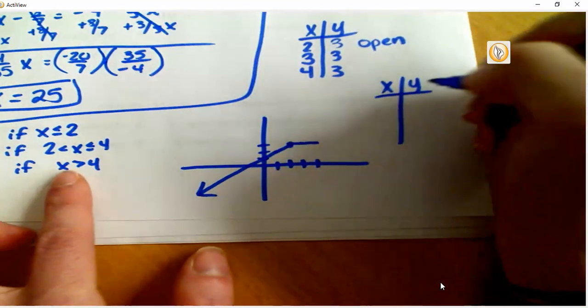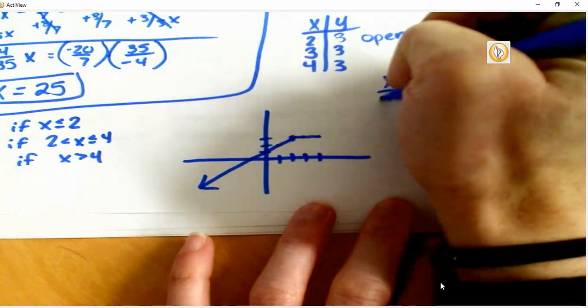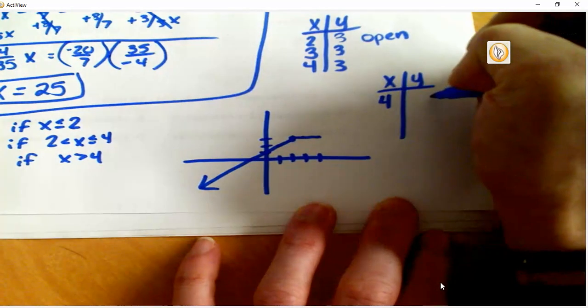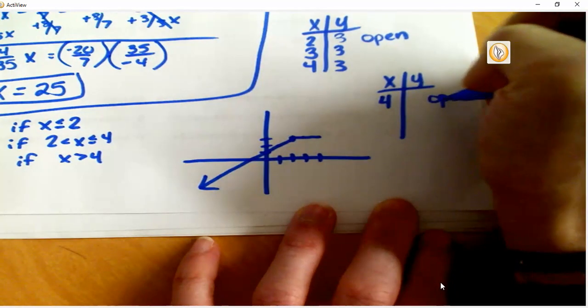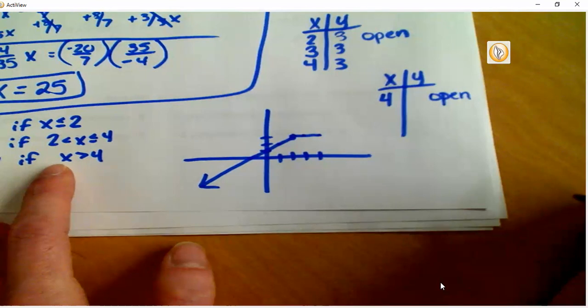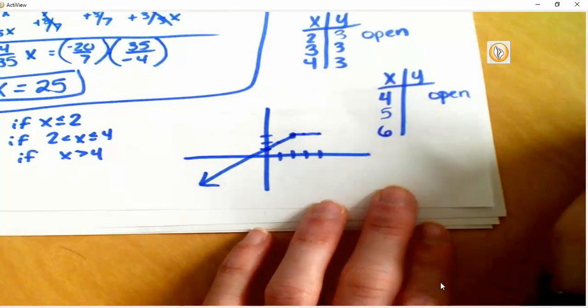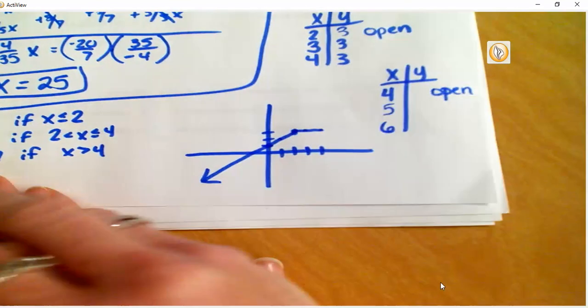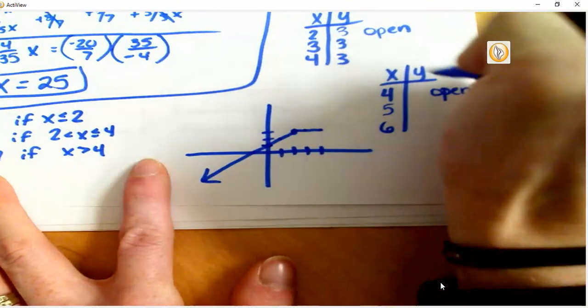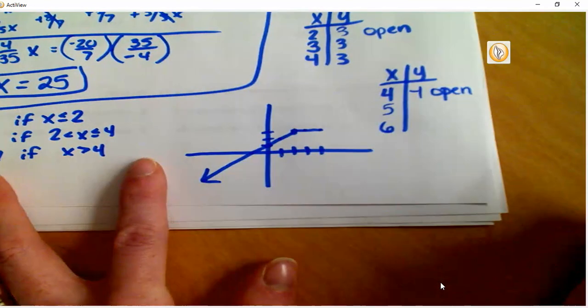Last one, we need x is greater than 4. So we start with the 4. Will it be open or closed? Open, because there's no equal to, and we need things greater than that, so bigger than 4, maybe a 5 and a 6. Okay, so negative 2 times 4 would be negative 8 plus 7, negative 1.